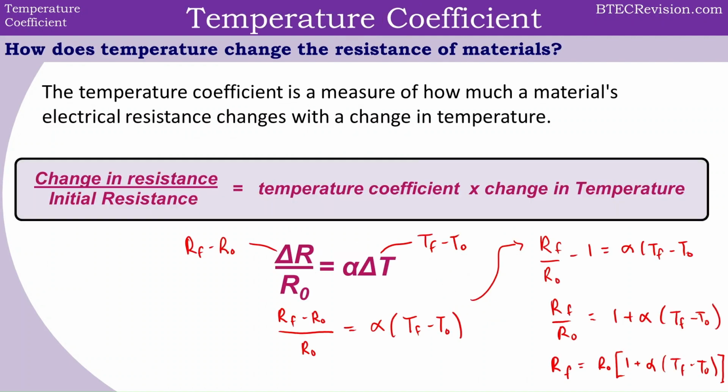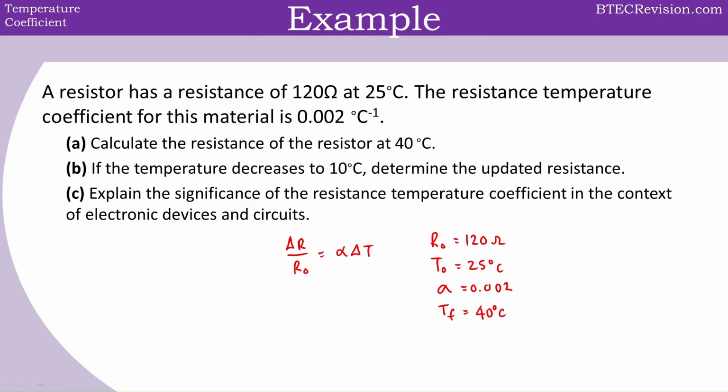Now, looking back, we have worked out the equation for final resistance, and that is equal to RF is equal to R naught, square bracket 1 plus alpha, TF take away T naught, close bracket, close square bracket. Now we can plug in our values.